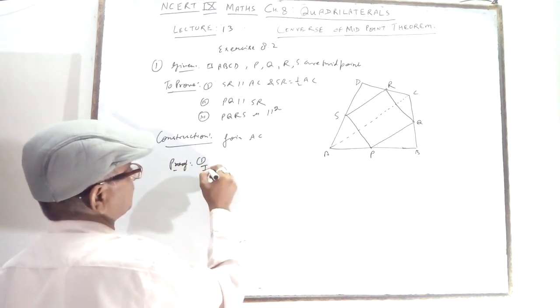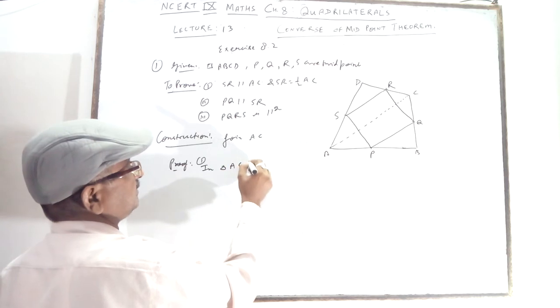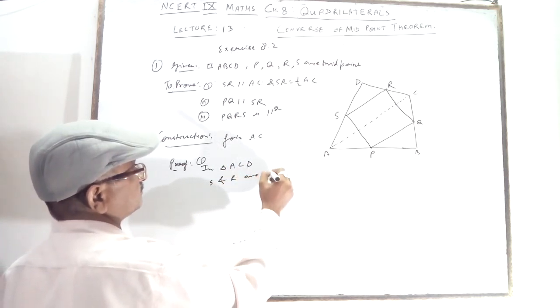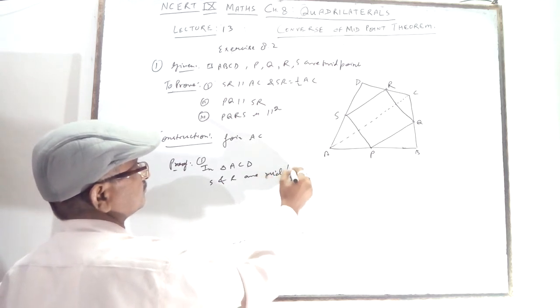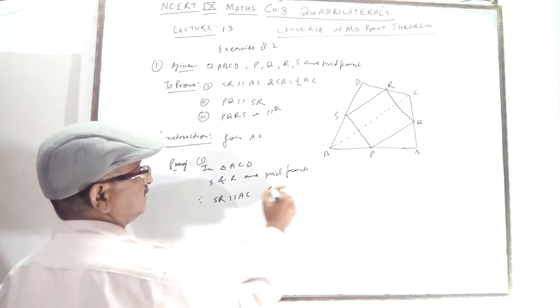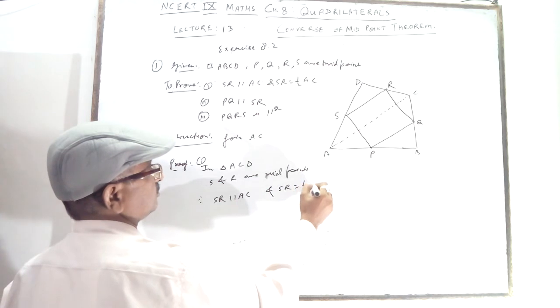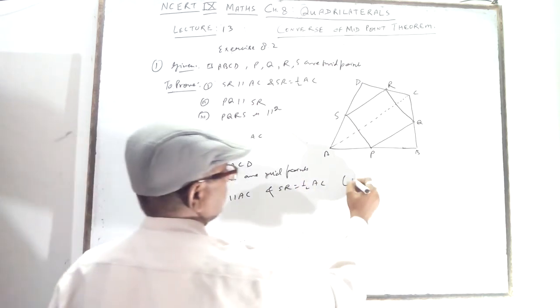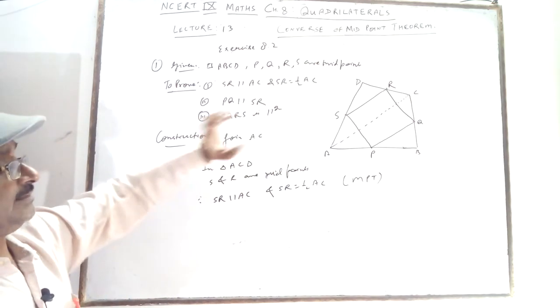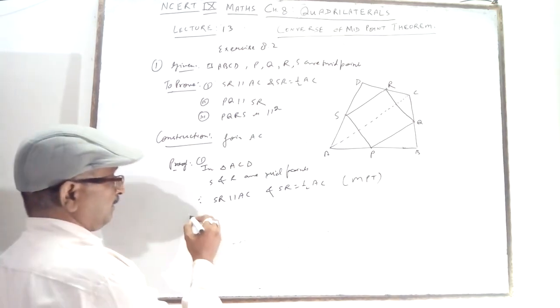First, in triangle ACD, S and R are midpoints. Therefore, SR is parallel to AC and SR is equal to half AC by the midpoint theorem: the line joining the midpoints of two sides is parallel to the third side and half of it.